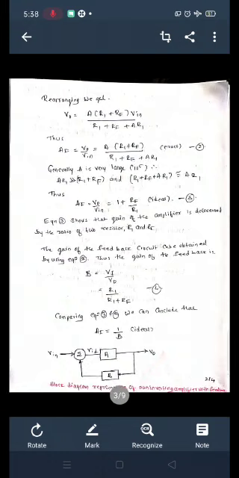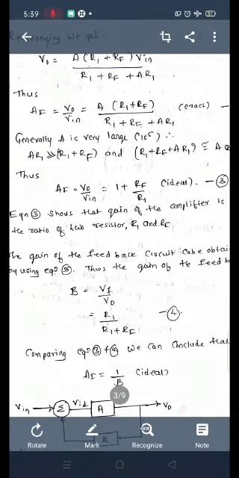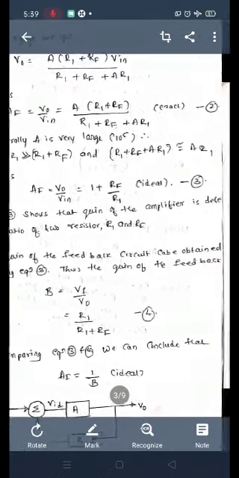Now rearranging, we get the output voltage equal to A into R1 plus RF into Vin divided by R1 plus RF plus AR1. Thus the feedback voltage gain, the output voltage divided by the input voltage, is equal to A into R1 plus RF divided by R1 plus RF plus AR1, right?